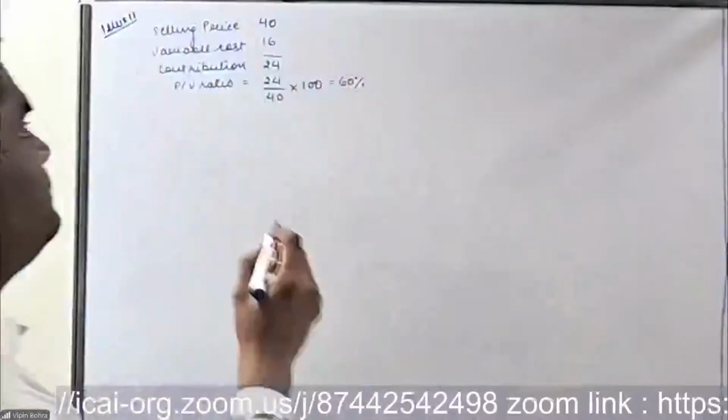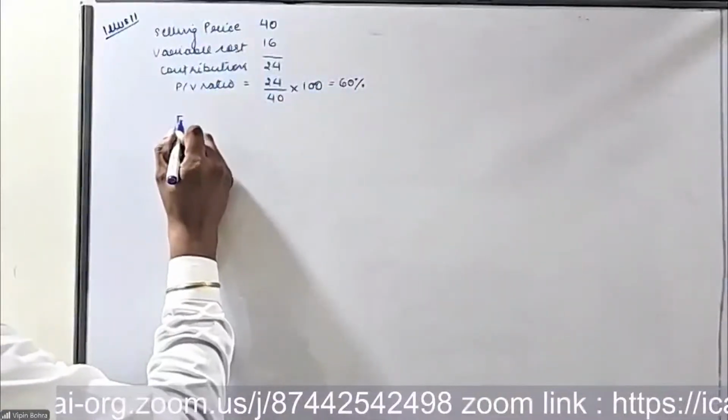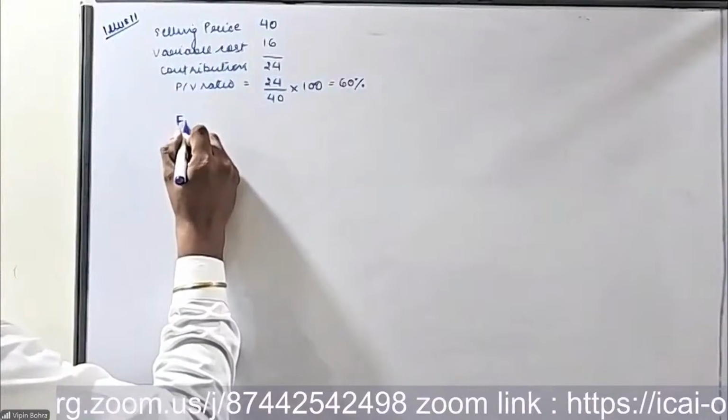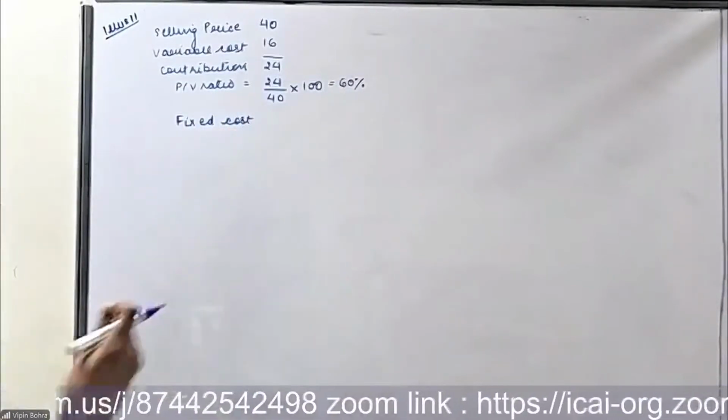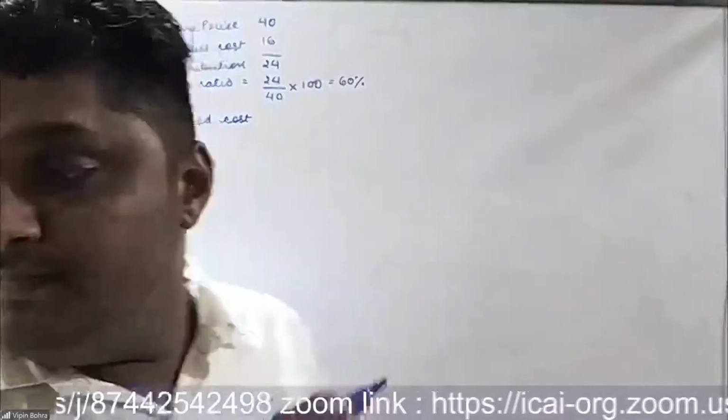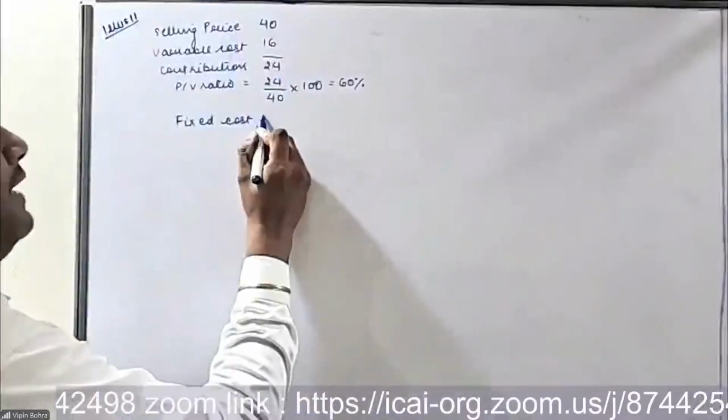So we can easily calculate the break-even sales also. To calculate the total sales, we need to calculate the break-even sales. So my fixed cost is 4,80,000.